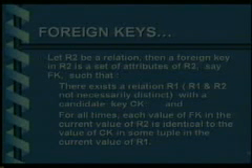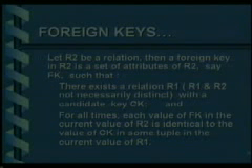Let R2 be a relation. Then a foreign key in R2 is a set of attributes of R2, say Fk, such that there exists a relation R1, R1 and R2 not necessarily distinct, with the candidate key Ck.